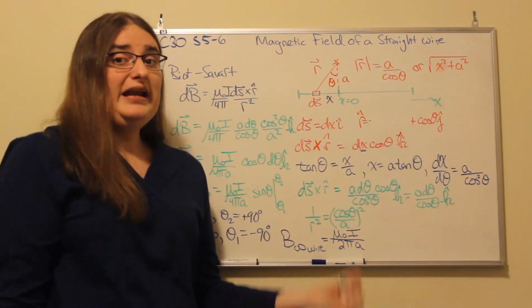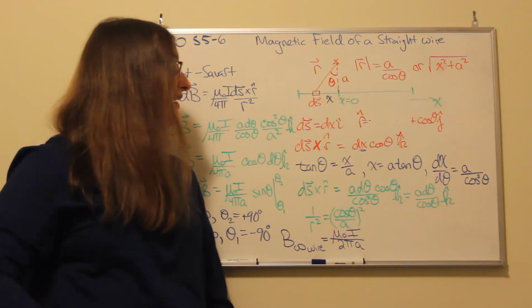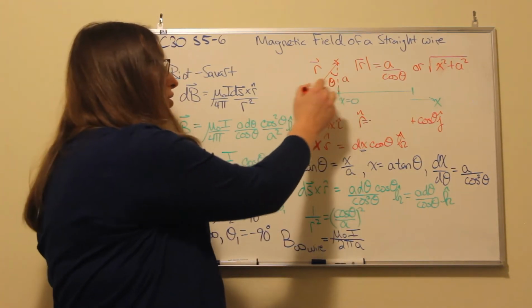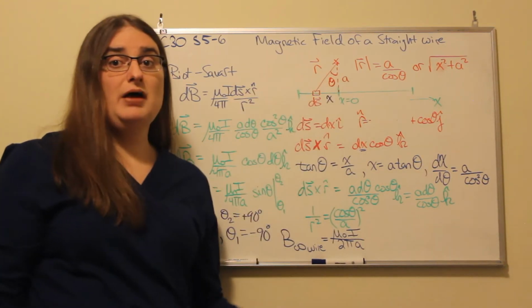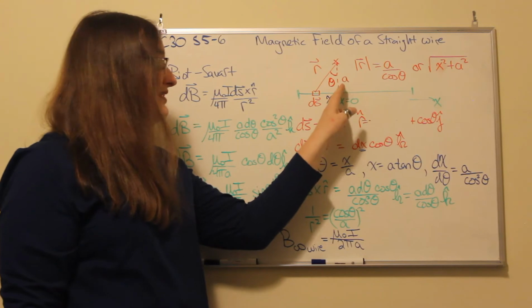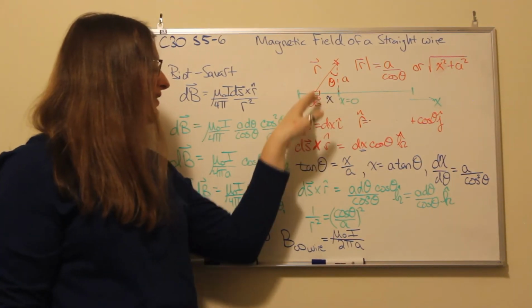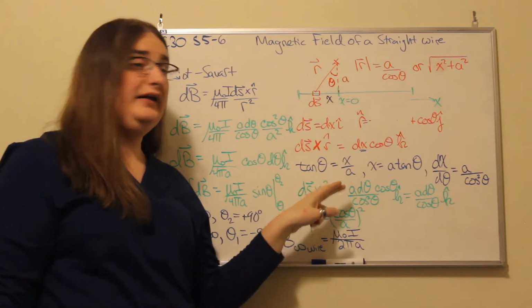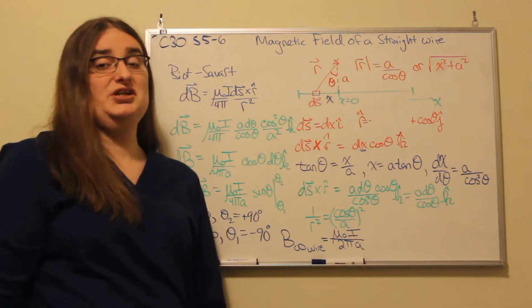So to do that, I need a way of essentially substituting out that dx. So my location x here is opposite my angle theta. So I have my side a, I have my side x, the tangent of my angle theta is just x over a. So x would be equal to my distance a times the tangent of theta.